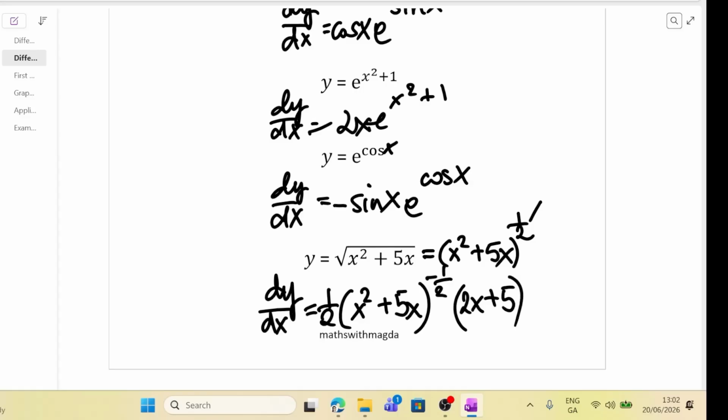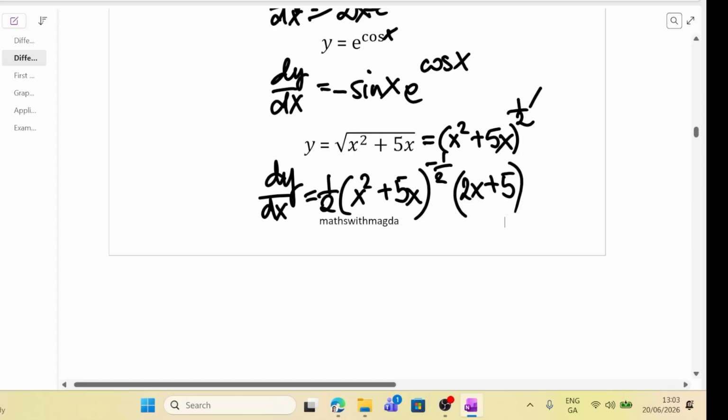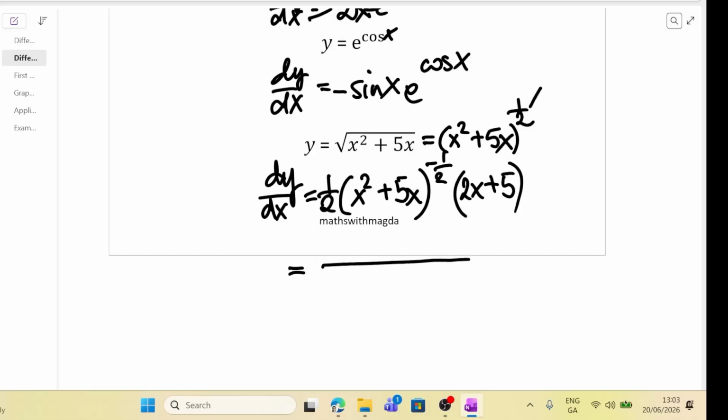Do I leave it like this? Absolutely not, because we're using the indices to differentiate something, but at the end we want to keep it without a fractional and negative power. Now, anything that is with the minus must be under the division line.